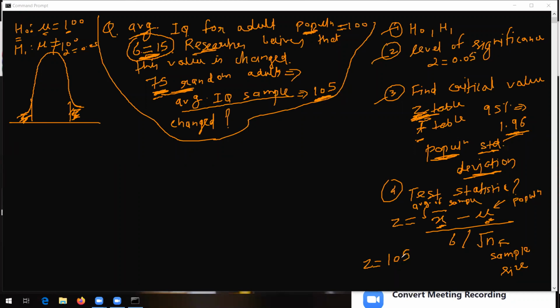For the IQ of the adult population, they have not given us how many people there are, but they are saying it is 100. That means the value of mu is 100. So it is 105 minus 100, divided by sigma, the standard deviation which is given to us, 15, divided by the square root of n. And I told you n is the sample size, which in our case is 75.